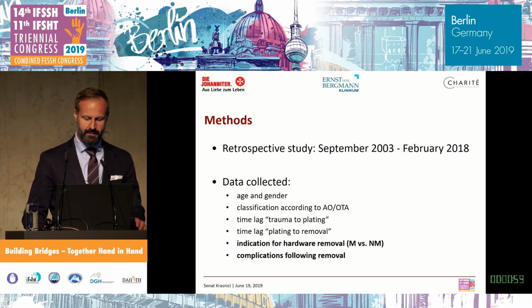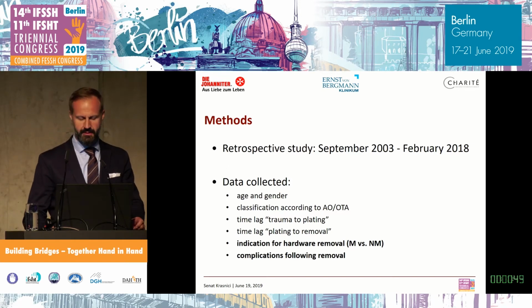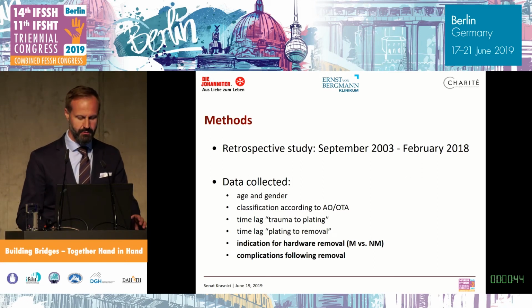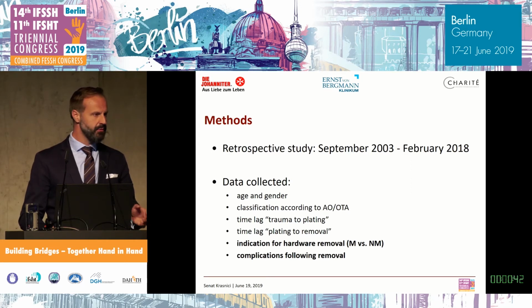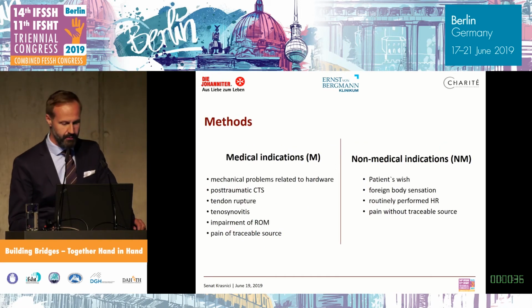We retrospectively reviewed our own distal radius fractures from September 2003 to February 2018 and collected age and gender, the AO classification, the time from trauma to plating and from plating to removal, and had two groups, the indication group for hardware removal and the complications following the removal.